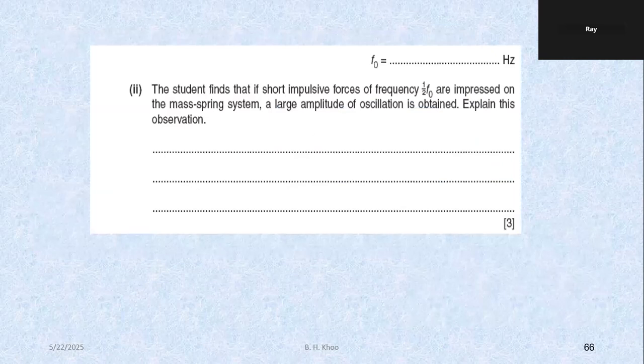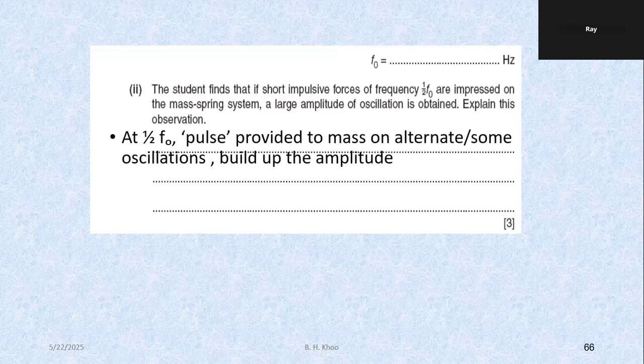The student finds that if short impulsive forces of frequency half F naught are impressed on the mass spring system, a large amplitude of oscillation is obtained. Explain this observation. It means he pushes and then resonance also at half F naught.